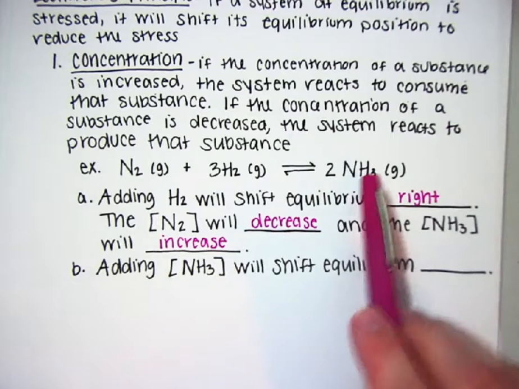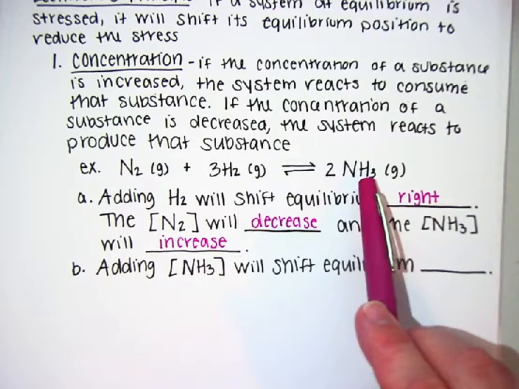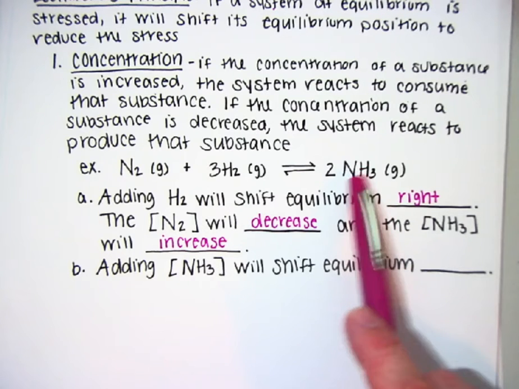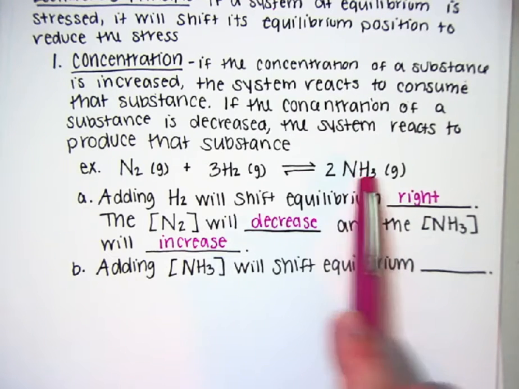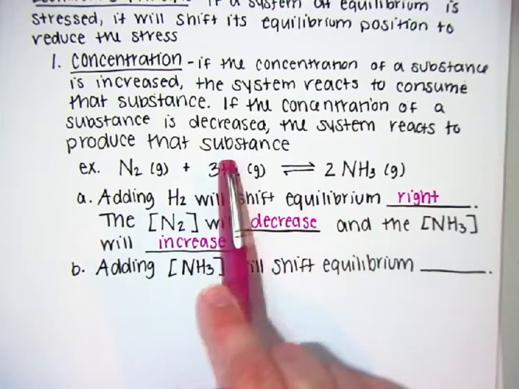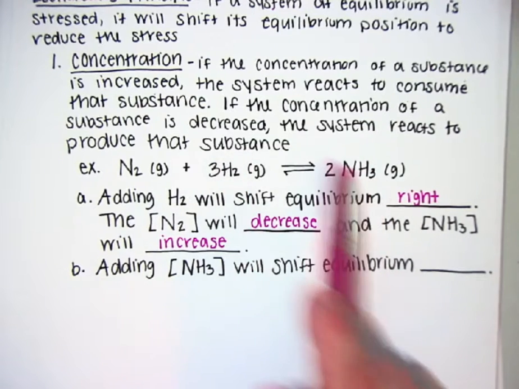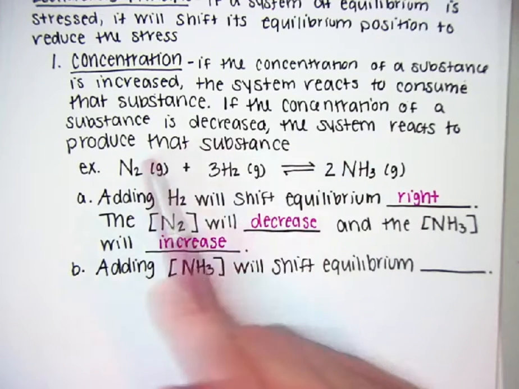If I add NH3, the way I reduce that stress is to use up NH3. I want to consume it. If I'm using up NH3, it's going to break down into nitrogen and hydrogen.